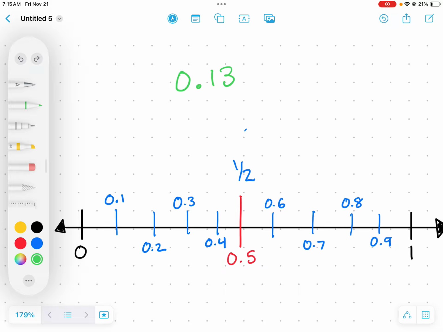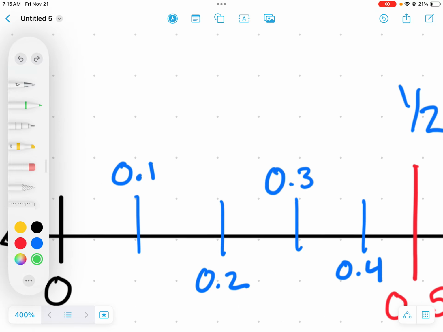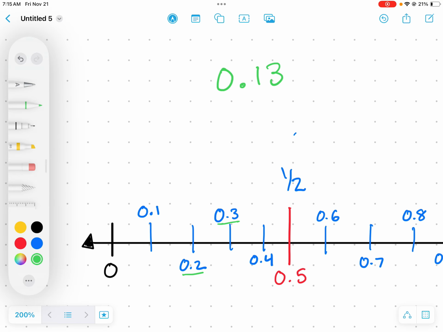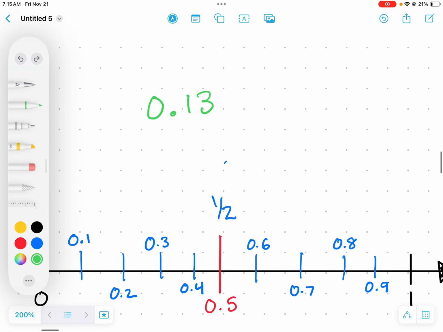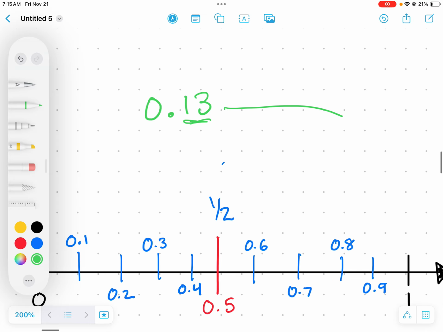Well, if you're trying to graph something with multiple decimal points, give your number line multiple decimal points, okay? So if the thing you're trying to graph has 2 decimals, you're going to go in and make all of your other ones have 2 decimals. Because right now it looks like 0.13 is going to be bigger than 0.9, but that's not true, okay?